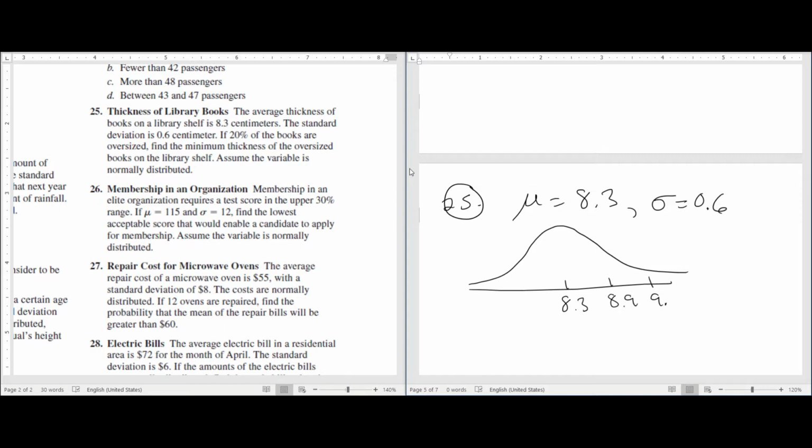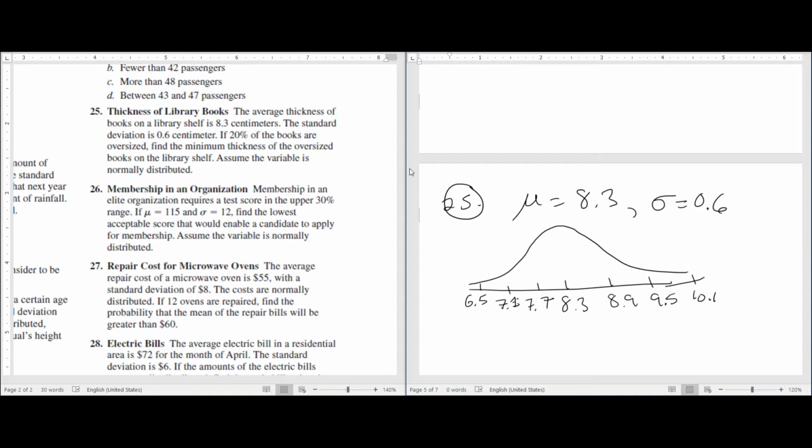So then this will be 9.5, that'll be 10.1, 7.7, 7.1, and 6.5.